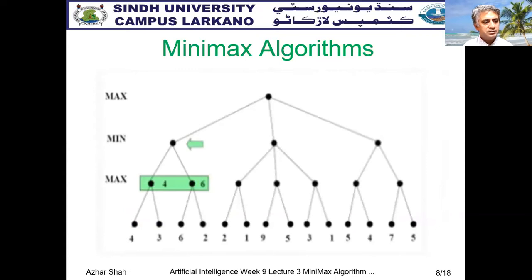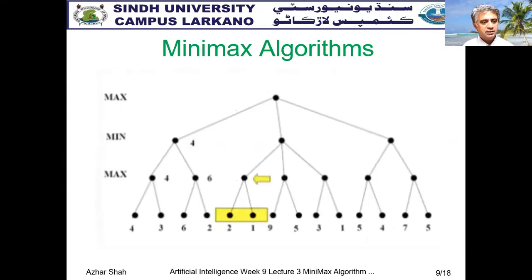Now at this level, from 4 and 6, we have to select the minimum. Minimum means the one who gets the minimum score from 4 and 6, and that is 4.